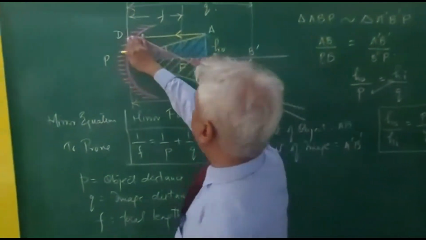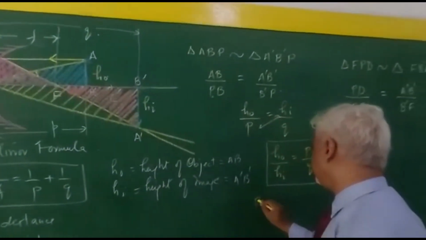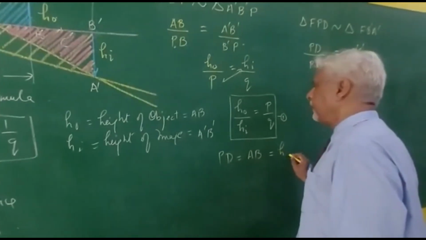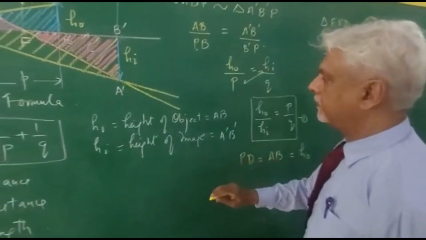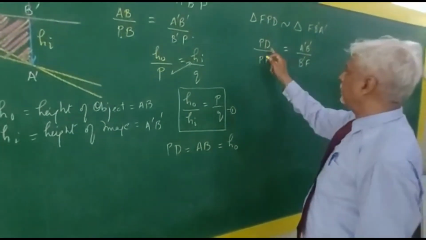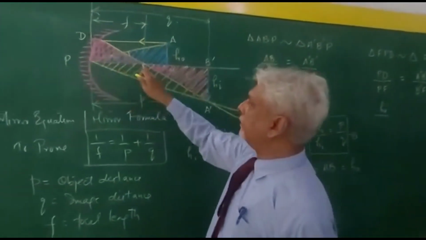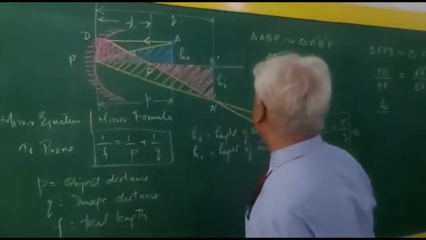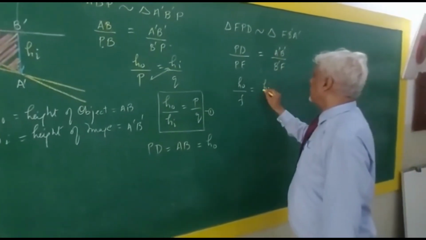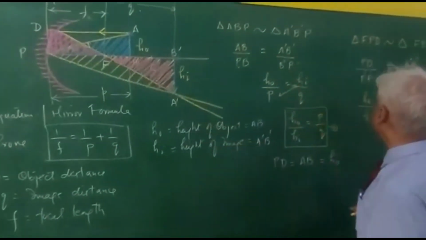PD is the same as AB, which is the height of the object. PF is the distance between the pole and the principal focus, which is equal to F. A dash B dash is the height of the image, HI.